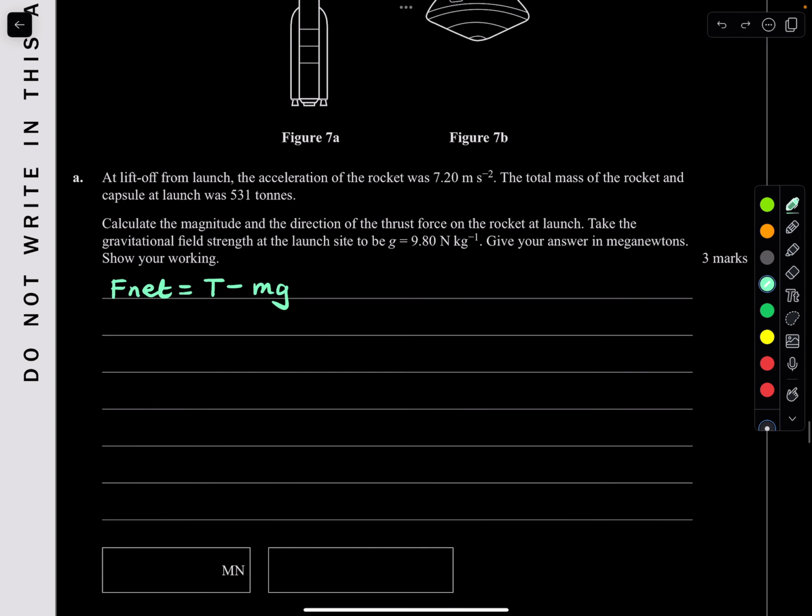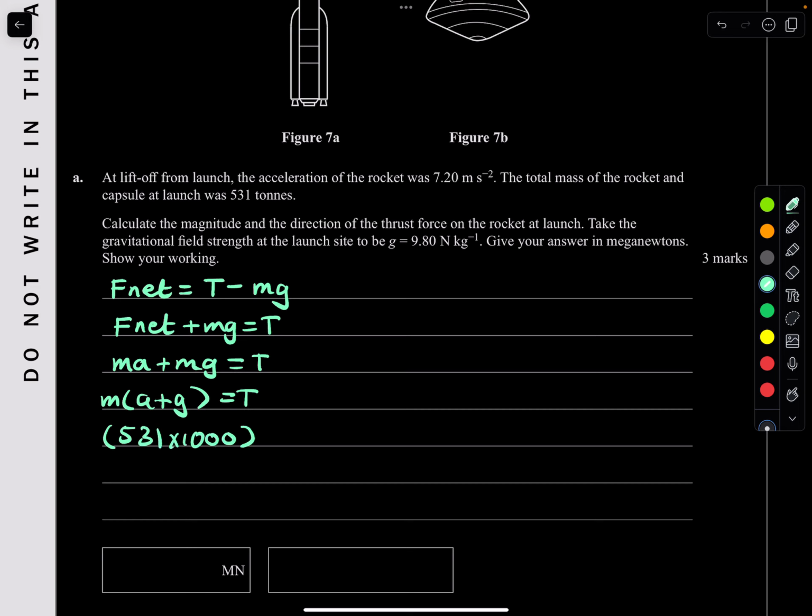So we want T, which is thrust: F net plus mg equals T. And F net is ma, mass times acceleration, plus mg equals T. So m we can take as a common factor: m times (a plus g) equals T. Your mass is 531 tons, which we multiply by 1,000 to get kilograms, and your acceleration is 7.2 plus your g, which is 9.8. Overall, this should give you the thrust.